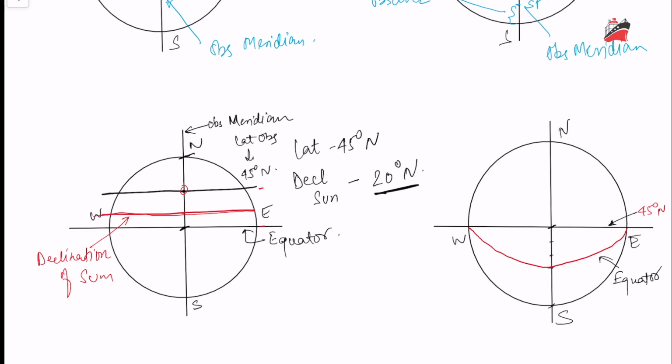So if this is 0 degrees and this is 45 degrees, we consider this mark to be 20 degrees north. I draw a curve similar to this line over here, so it will be something like this. So this is the declination of the sun.